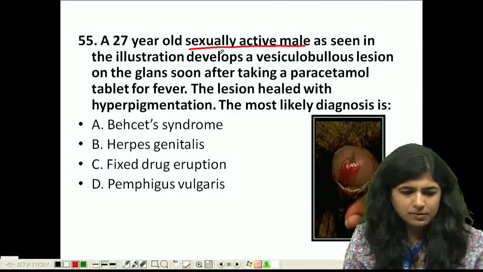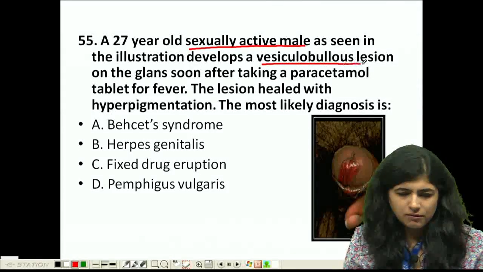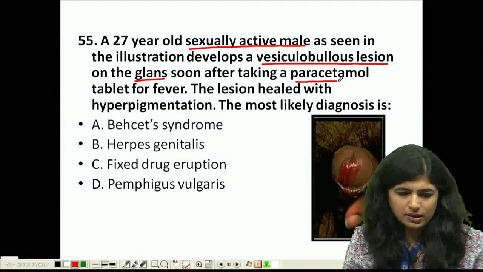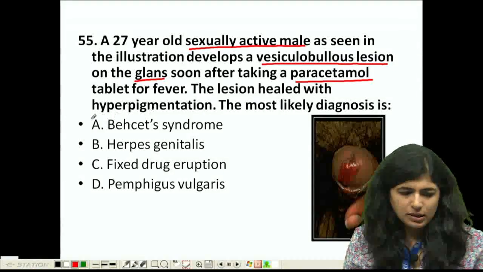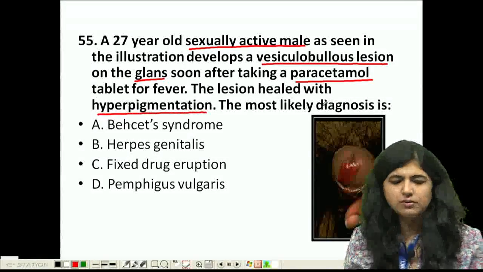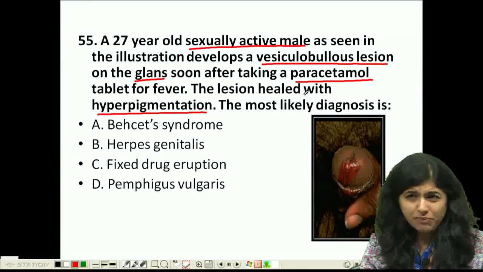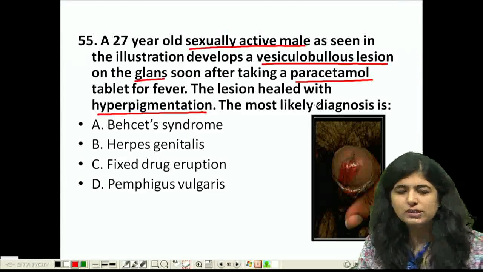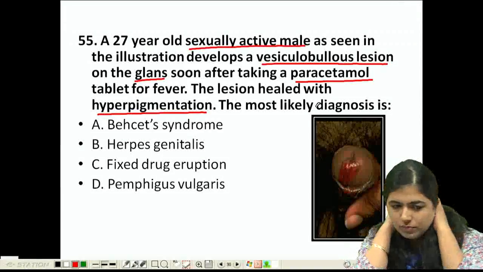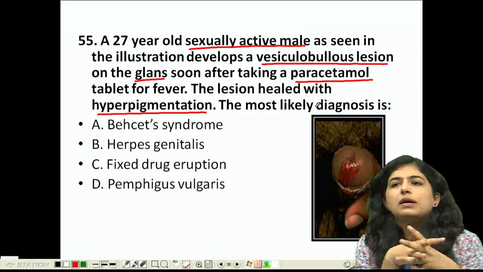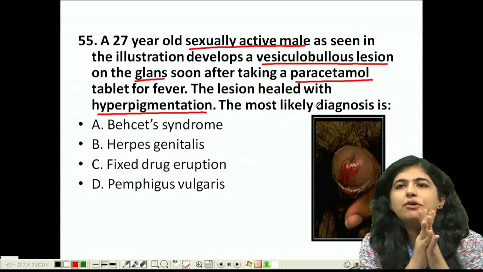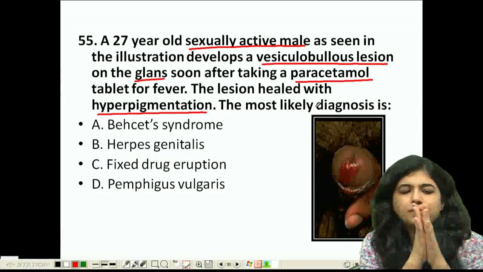Sexually active male, vesiculobullous lesion on the glans after taking a paracetamol tablet, healed with hyperpigmentation. Simple one, very simple. They are giving you some twist in the question to confuse you, but it is otherwise a very, very simple question.